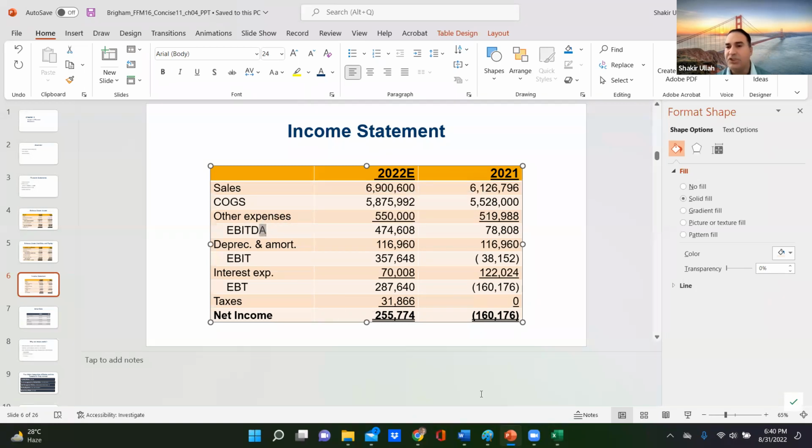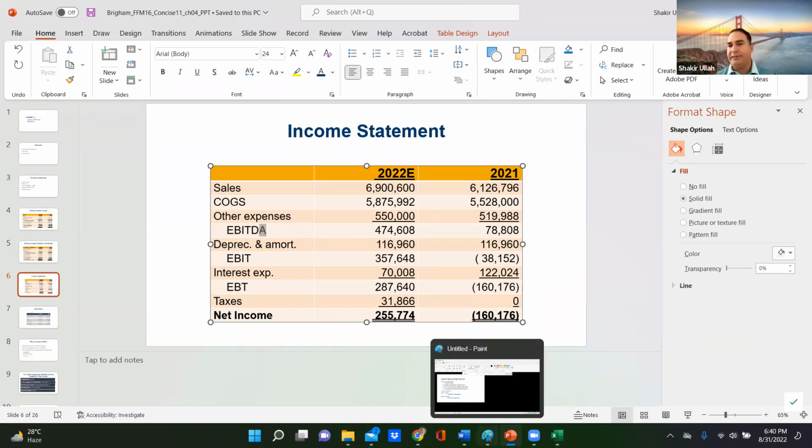Amortization is basically depreciation, but it is for intangible assets. Like you have a copyright. That copyright also has a certain life and it depreciates. So we call that depreciation as amortization. So it's pretty much the same concept, but used slightly differently.